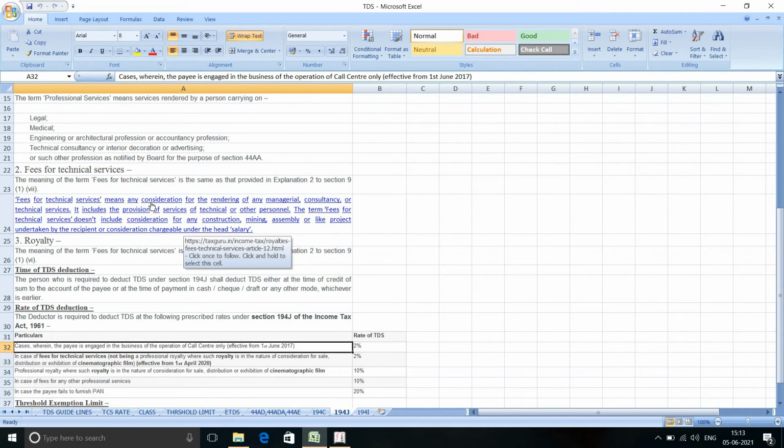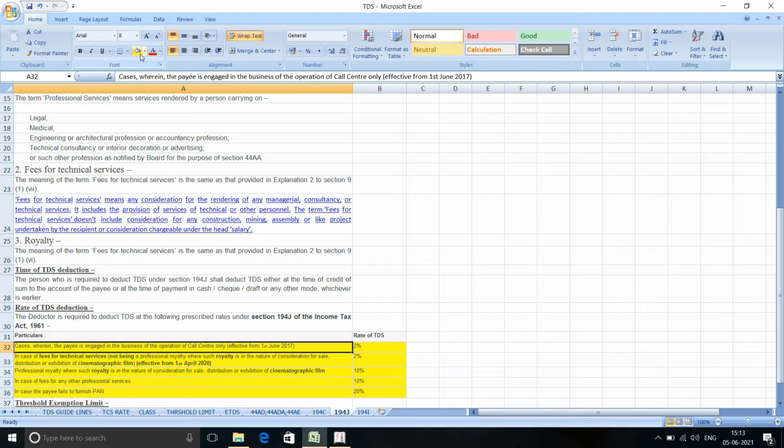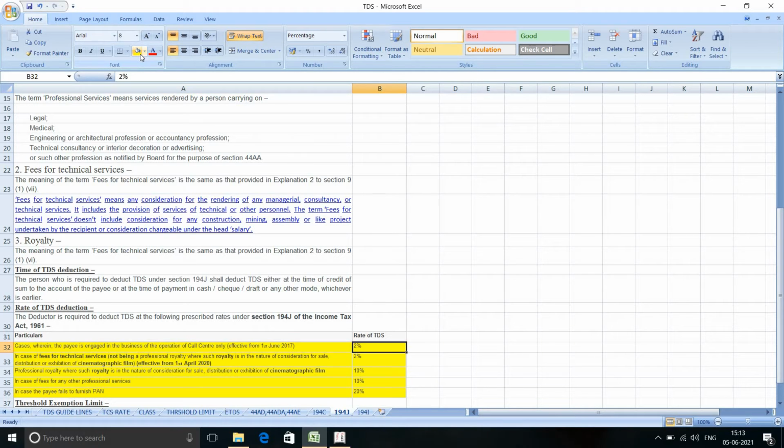What is the percentage of TDS? In cases wherein the payee is engaged in the business of operation of a call center, the TDS rate is 2%.